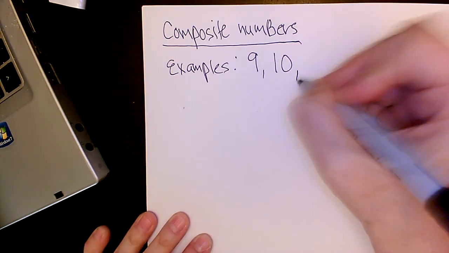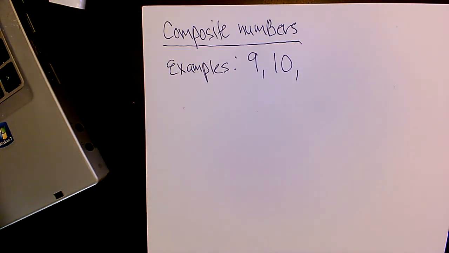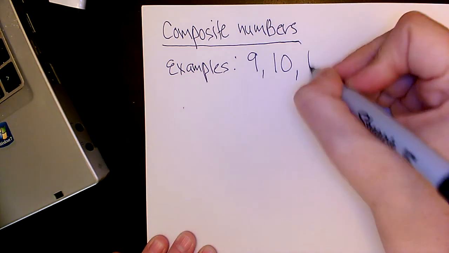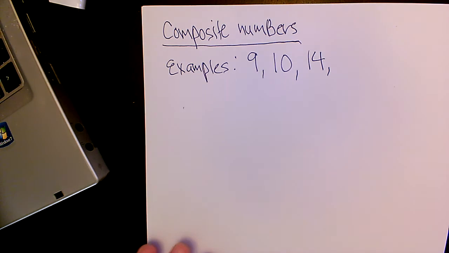Well, what about 10? Why is 10 a composite? Well, 1 times 10 is 10, but 2 goes in. So 2 times 5 is 10, so that makes it a composite. What about 14?